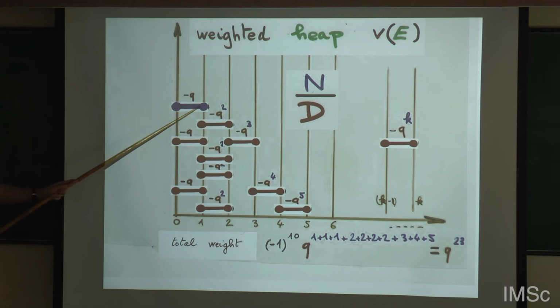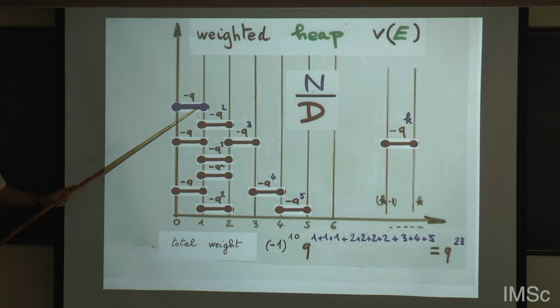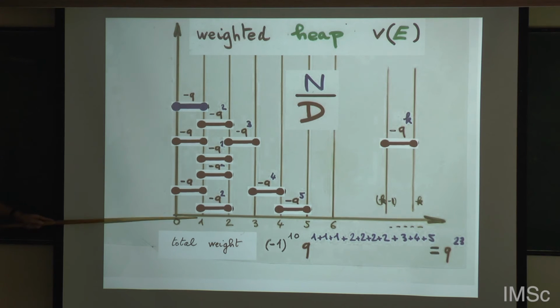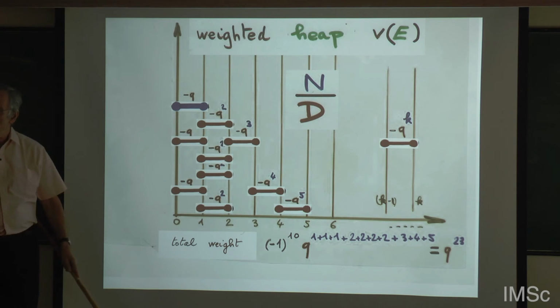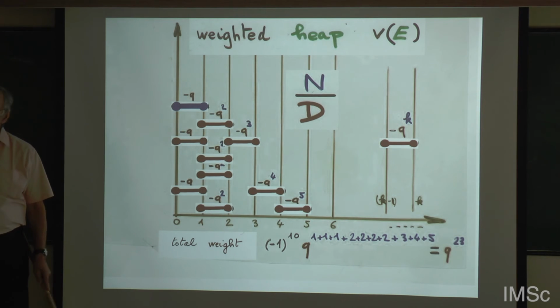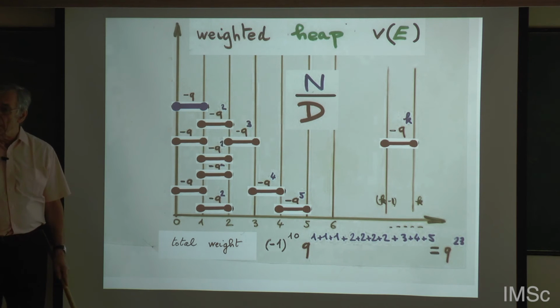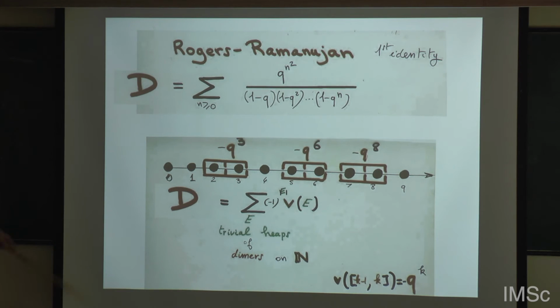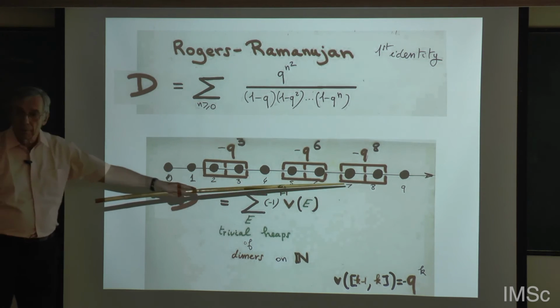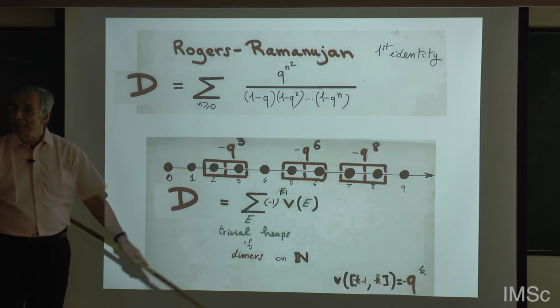So the maximal piece of my heaps interpreting the Ramanujan continued fraction: the projection is exactly 0, 1. So the denominator is going to be trivial heaps of dimers, and the numerator is going to be trivial heaps of dimers which do not contain the dimer 0, 1. So what is D? Trivial heaps of dimers. It's exactly D partition.